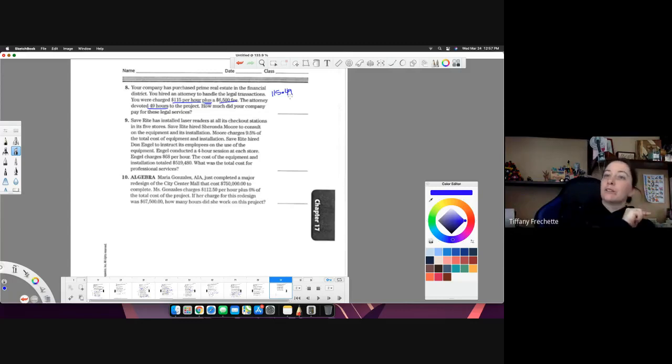So remember number 7, there were 3 designers, which is why we had to multiply by 3 also. In this case, you could show that there's one lawyer by multiplying by 1, but you don't really need to. Multiplying by 1 doesn't change the answer. It stays the same. So there's no real reason to put that on there. So you do need to multiply these together, and then you have to add your $6,500. Okay, and that'll tell you how much you paid here.